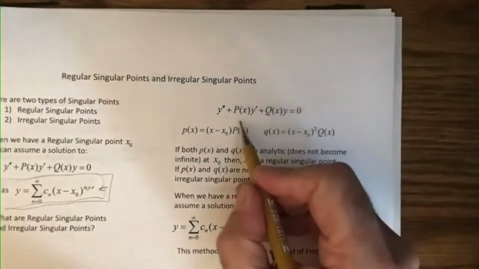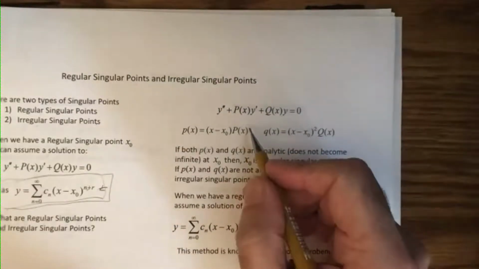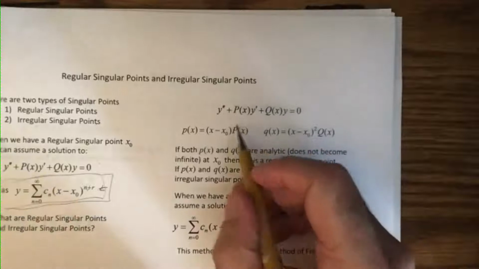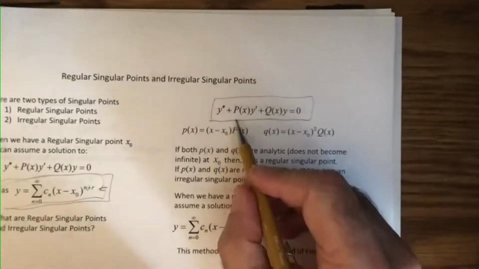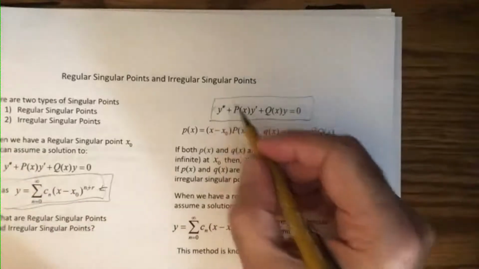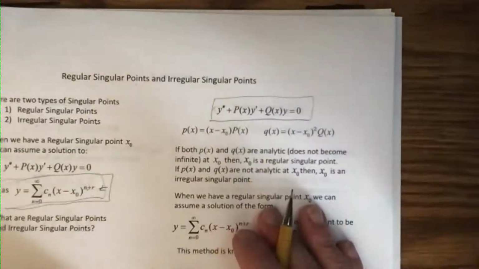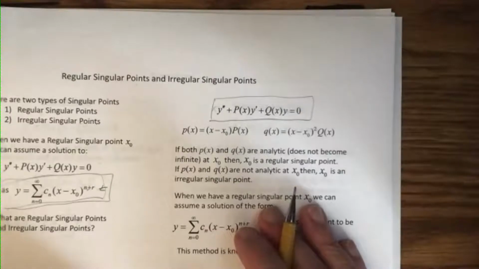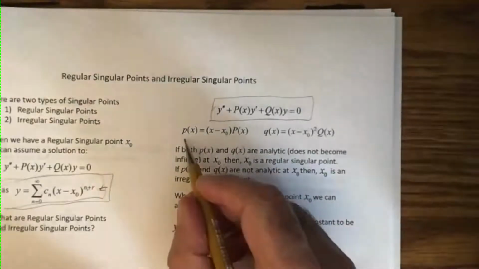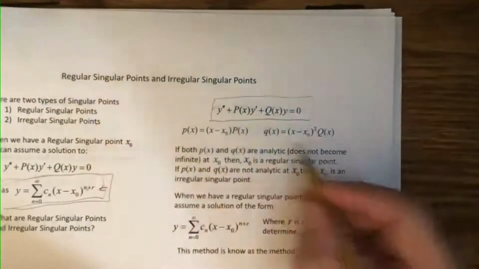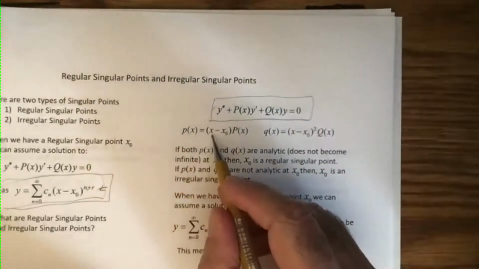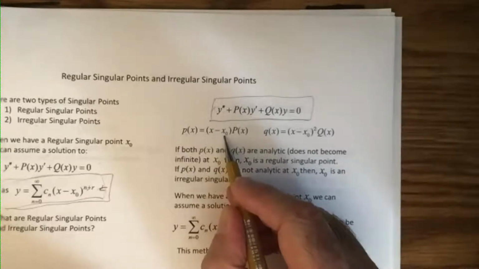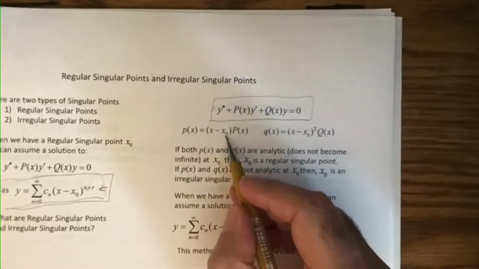Okay, so here's how it works. I'm using the same notation that's in your book. First of all, we write the differential equation in this form, where if I had an x squared here, I have to divide everything through by x squared. Then we define what we call a little p of x and a little q of x, where little p of x is equal to x minus x0 times big P of x, and x0 is the point that we want to expand our power series about.